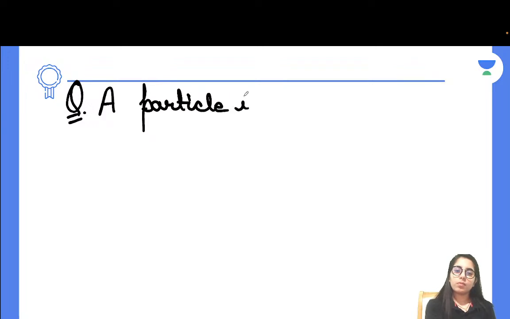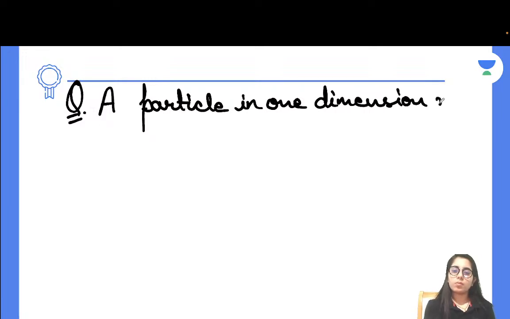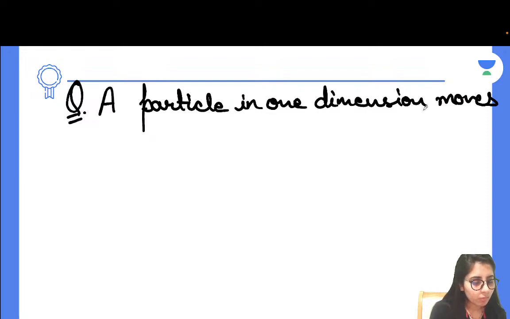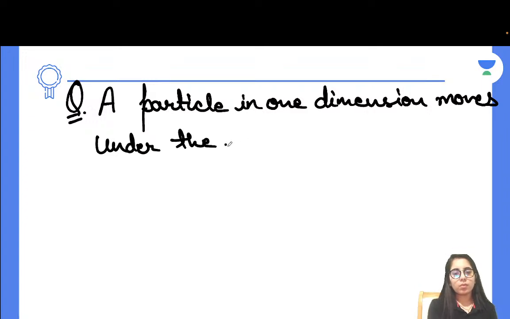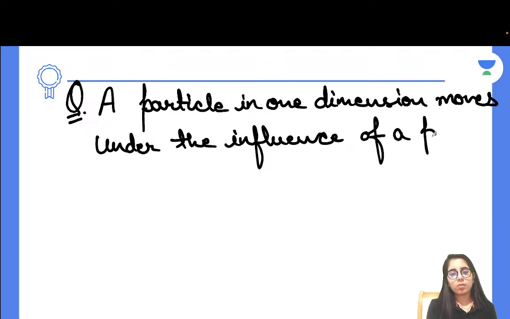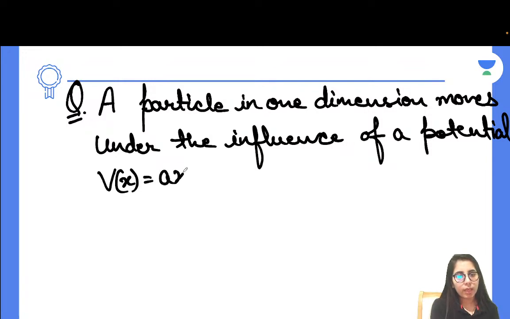A particle in one dimension moves under the influence of a potential that's going to be V(x) is equal to Ax to the power 6, where A is a real constant.